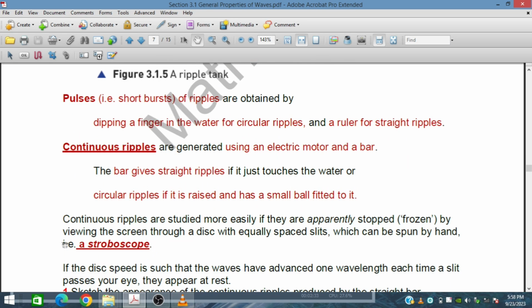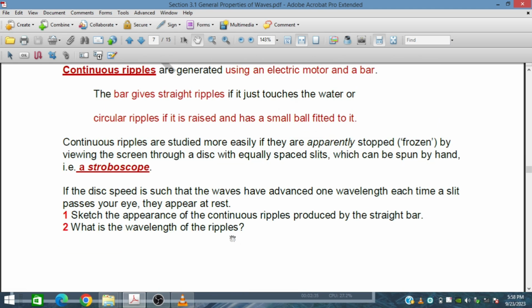So this is very important. Stroboscopes are often used with rotating devices for speed measurement, or for their shapes or the waves produced. So this is a very important device.